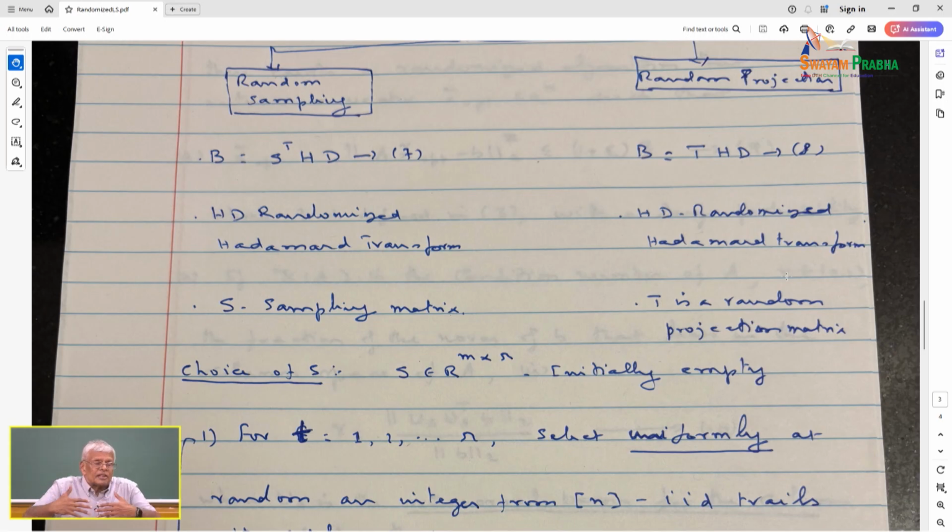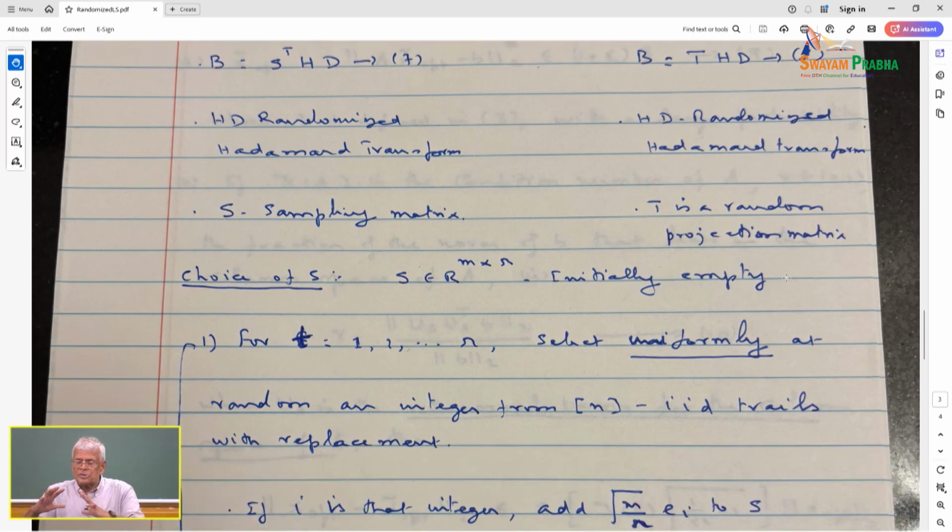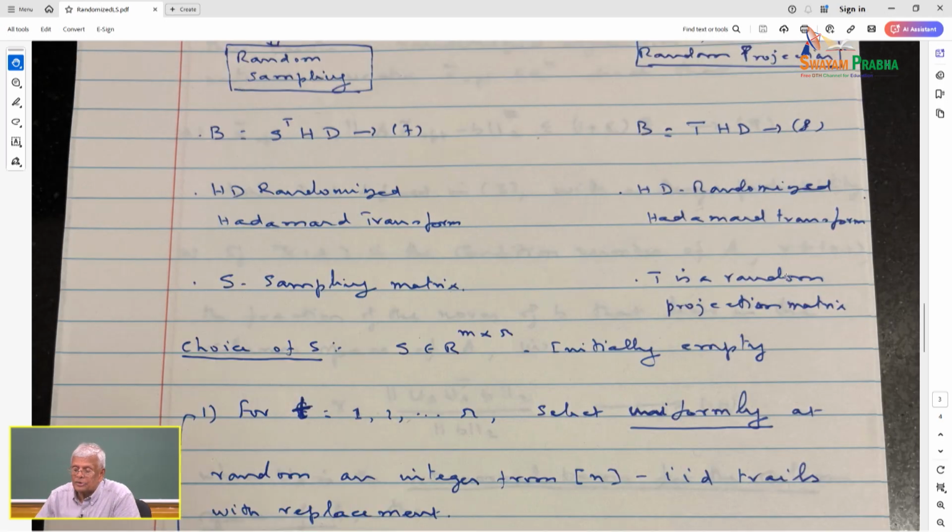I am bringing further cheapness into the computation by bringing in the Hadamard transform, because the Hadamard transform can be operated in n log n steps. So, you can see how so many different ideas come to coalesce. Depending on which path I want to walk, I can design B. So, B is a common matrix designed in one of two ways, based on random sampling or based on random projection.